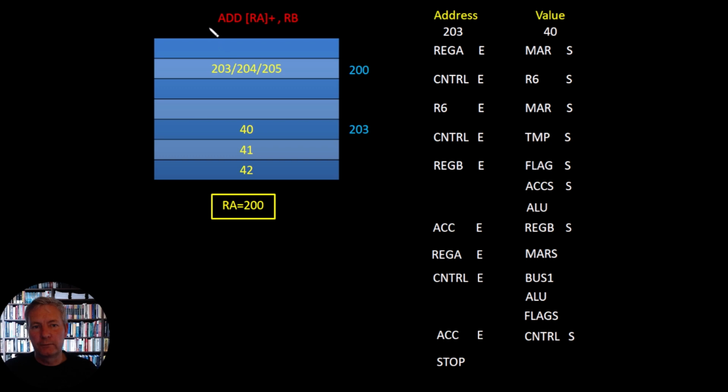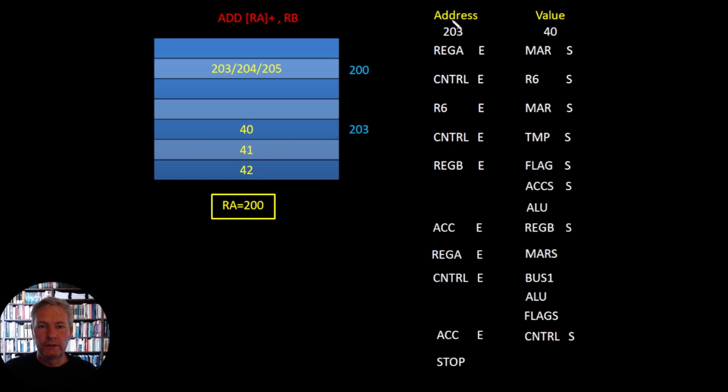Now it means that if we were to use this same command again, then this pointer would be pointing to the next memory location, which would contain 41, and then we would add 1 onto that value here to give us 205, and the next time we used it, it would be pointing to location 42. So that's us worked through our pointer with a post increment.